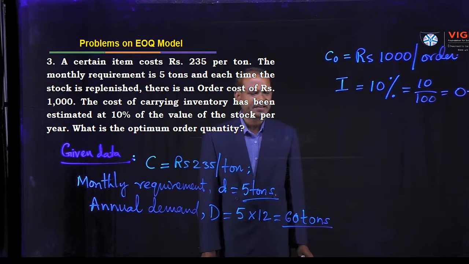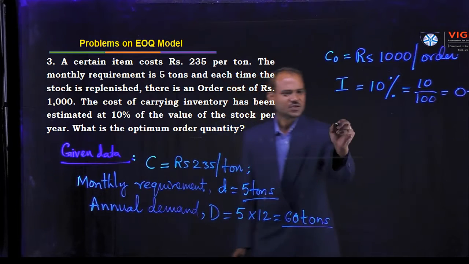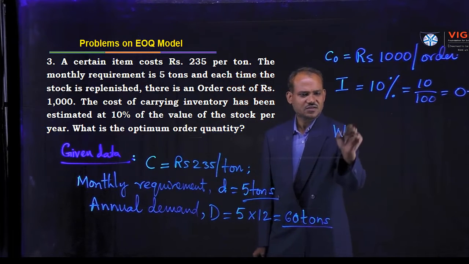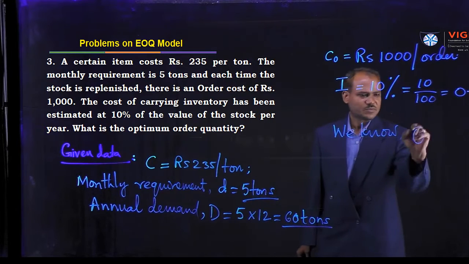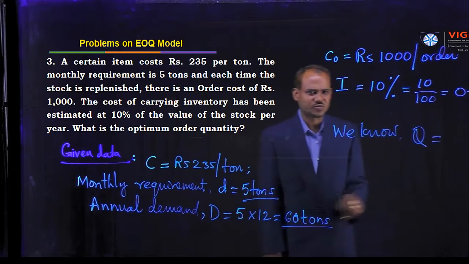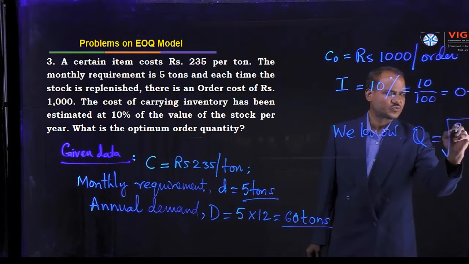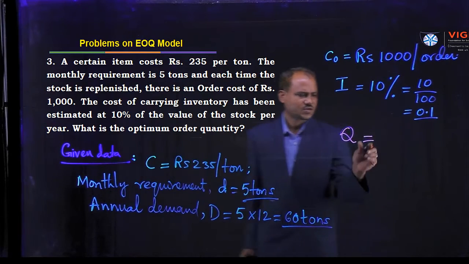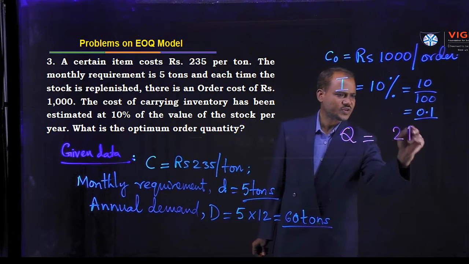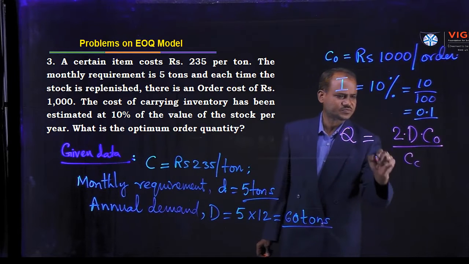Optimum order quantity is nothing but the EOQ, economic ordering quantity. We know the formula. Optimum order quantity or EOQ, Q, is equal to square root of 2 into D into C0 divided by CC.